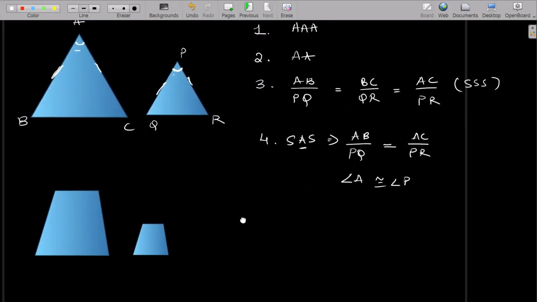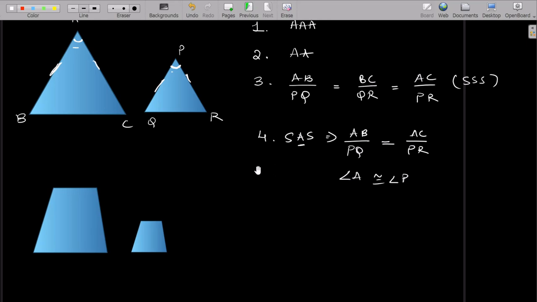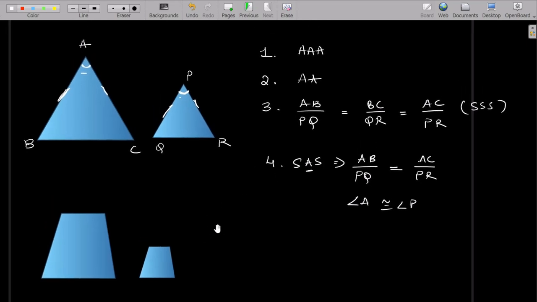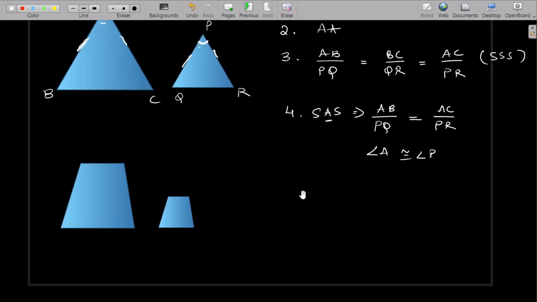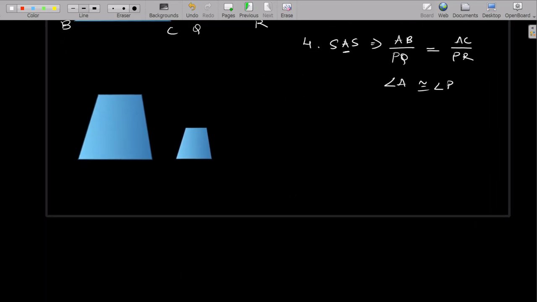Now I'm going to tell you one really important theorem which is asked a lot in the exam. Well, two very important theorems. The first one is if you have any two similar figures, Anika, I'm going to write it here.